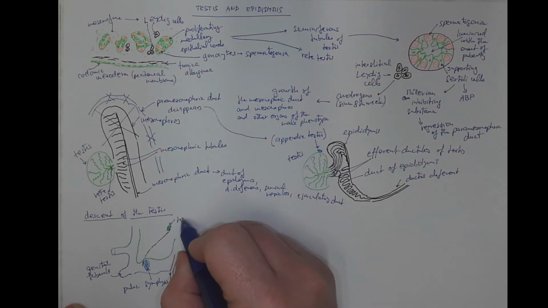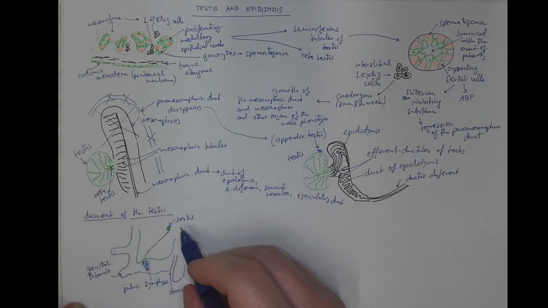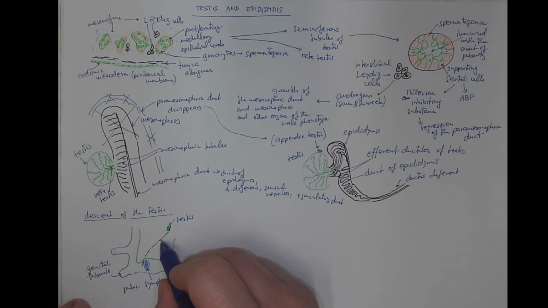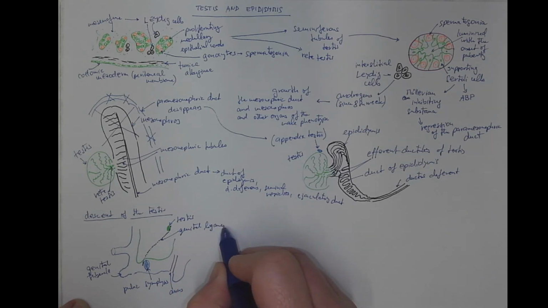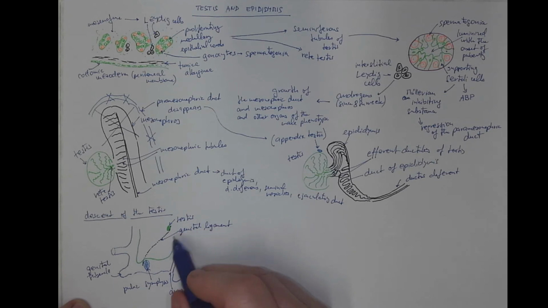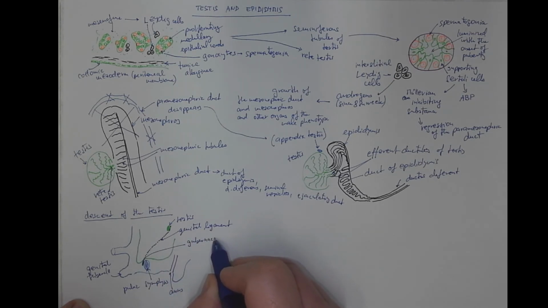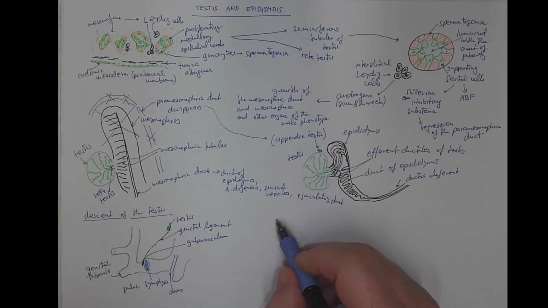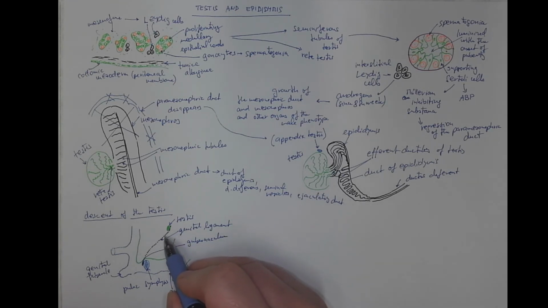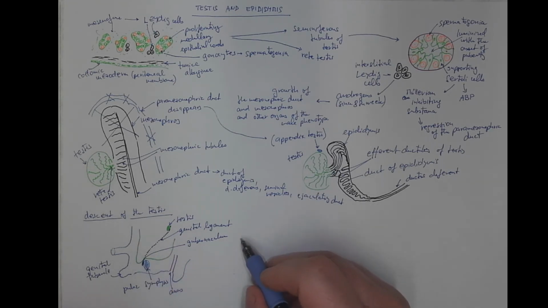This is the testis, attached by the genital ligament. And the connective tissue cord called gubernaculum. The gubernaculum does not grow, so during the further growth, relatively the testis is pulled into this region.